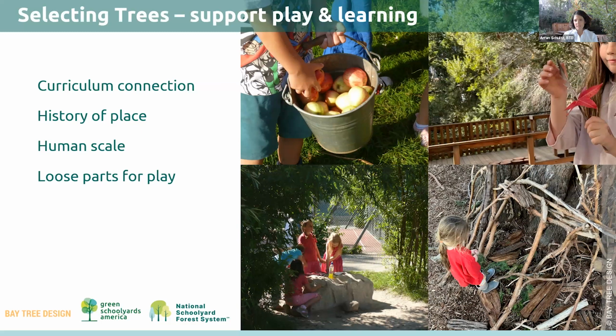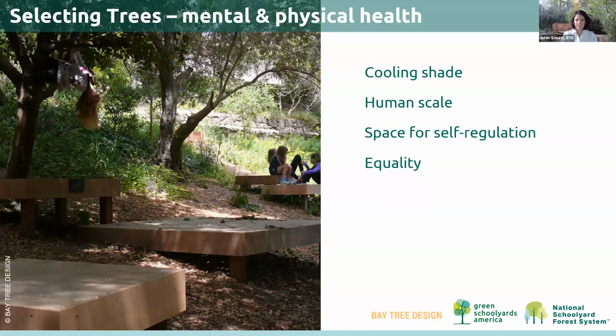Each of these features adds more interaction and interest to the schoolyard forest. And by selecting a variety of trees for the space, you're juxtaposing those different features, highlighting the biological differences in tree species, and immersing students in these distinctions. And they'll begin to notice and interact with and discover the science now embedded in their schoolyard.